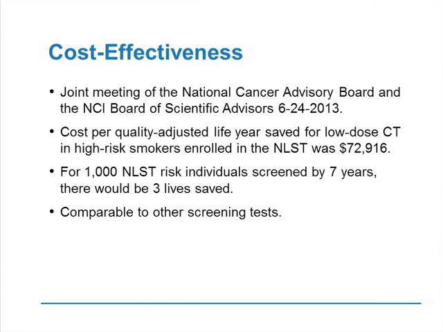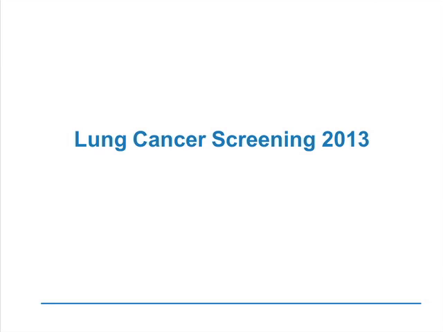Perhaps the most accurate number, hopefully soon to be published, comes from the National Lung Screening Trial, in a presentation made to the NCI Board of Scientific Advisors, where they said from NLST data, it looked like it cost about $73,000 per quality-adjusted life year saved, which is comparable to other screening tests. So where did that leave us?